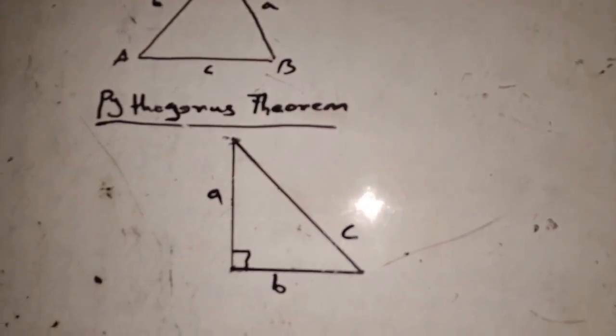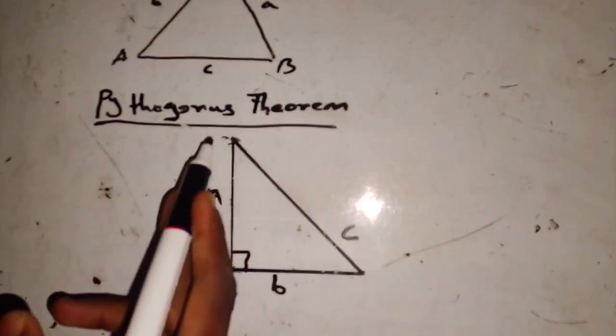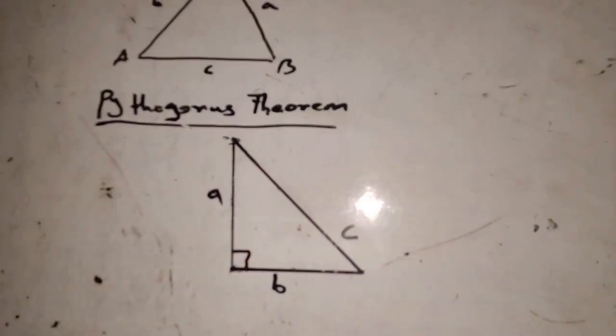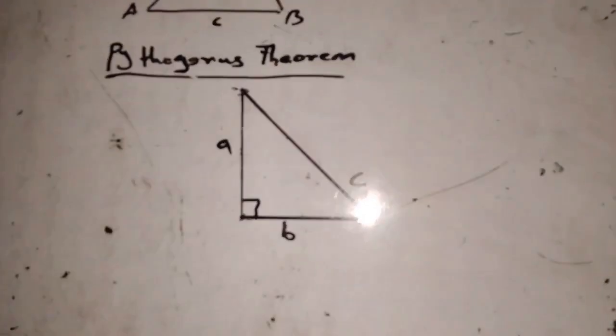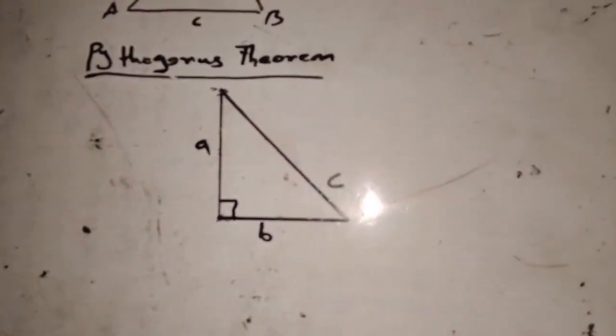The formula for Pythagoras theorem is hypotenuse squared. When you multiply the hypotenuse by itself, it must give you one side squared plus the other side squared. Let me write it down. The hypotenuse is the longest side.